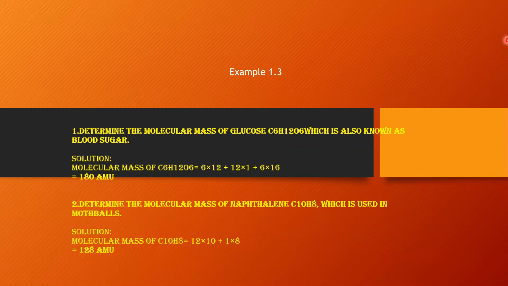You can see in the periodic table. So the molecular mass of glucose is 180 atomic mass unit. In the same way, you can identify the molecular mass of naphthalene, which is 128 atomic mass unit.